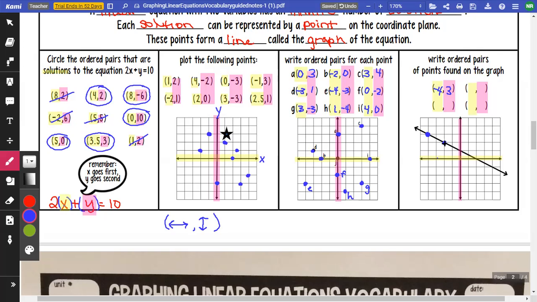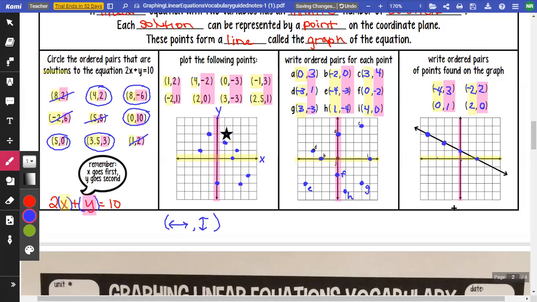This is a good intersection. Left 2, negative 2. Up 2, positive 2. Here we didn't go left or right, so it's 0. We went straight up 1, 1. We go right 2, we don't go up or down, so right 2 means positive 2. No up or down, 0.